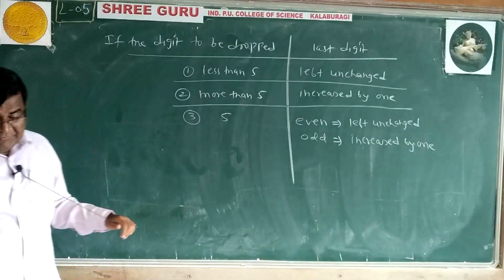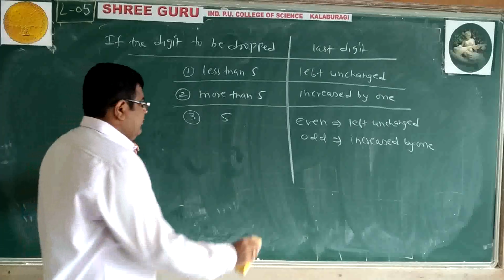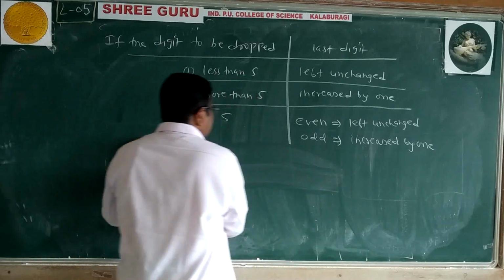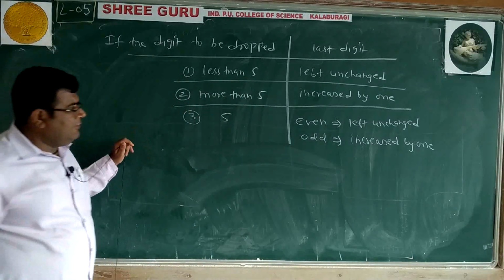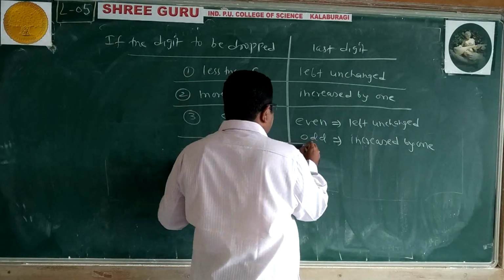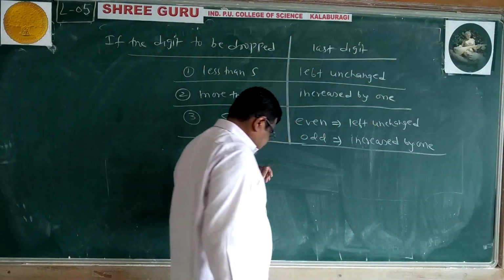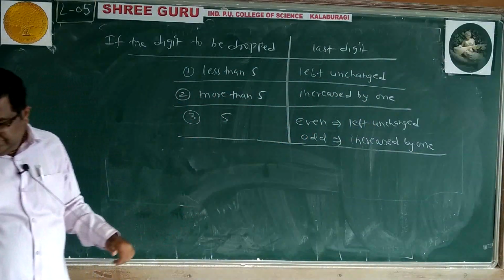Now I will give an example, then only it is clear, otherwise it looks very difficult when you read this. Very important table, always remember this table.